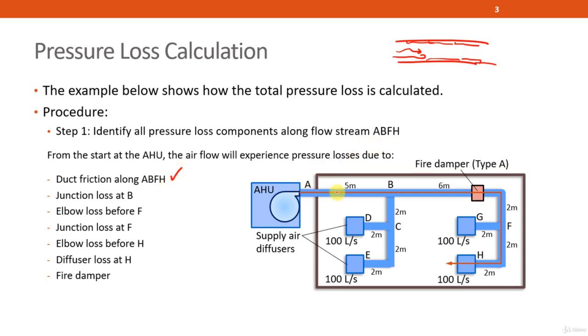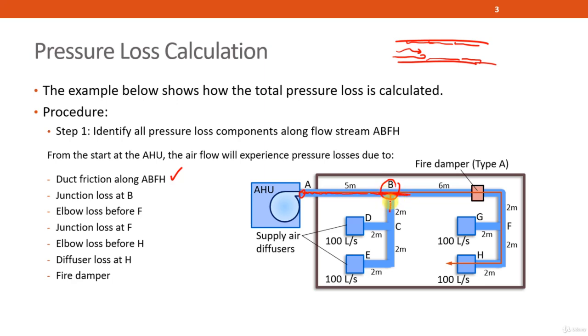So even if it's a straight duct, A to B is a straight duct, there will be losses due to duct friction. Okay, next up. Once the air comes out from the AHU, it will start to move and travel along the way until it reaches junction B. At B is a split junction where the air will go straight and turn right at the same time.